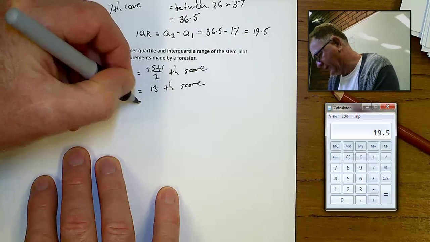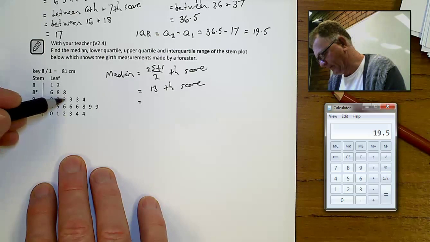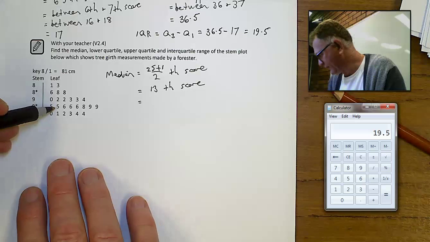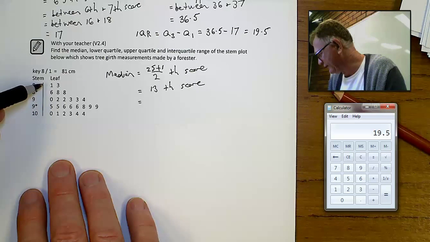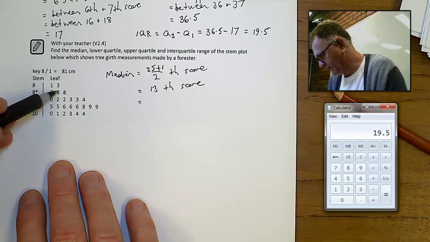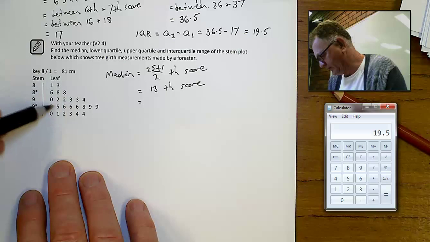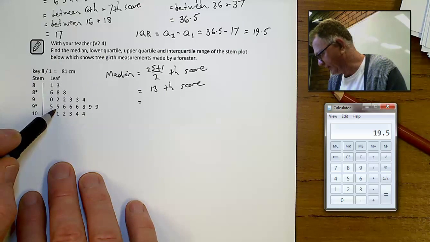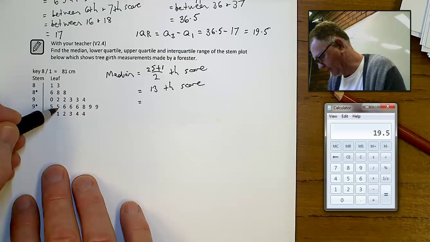And so we can just count them up. 2, 3, 4, 5, 6, 7, 8, 9, 10, 13. I make the 13th score a 95. That's the median.